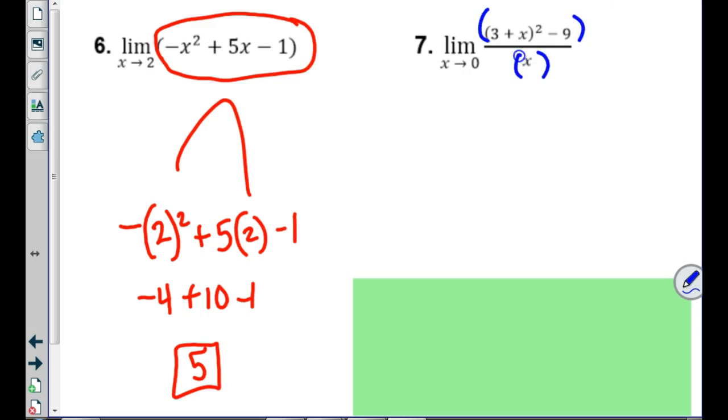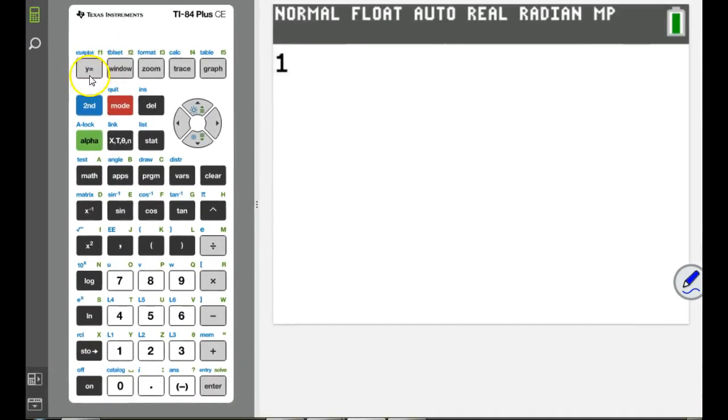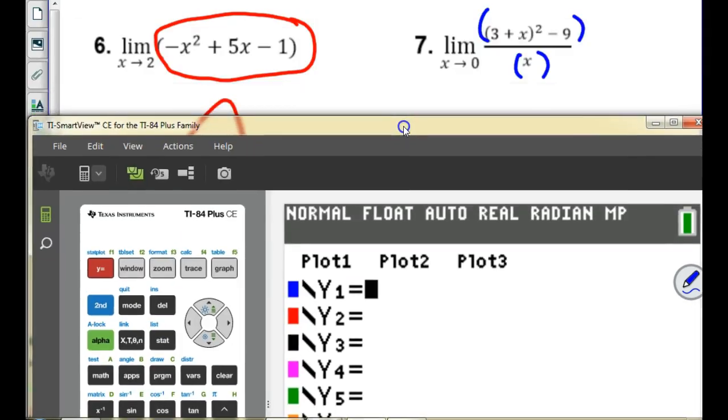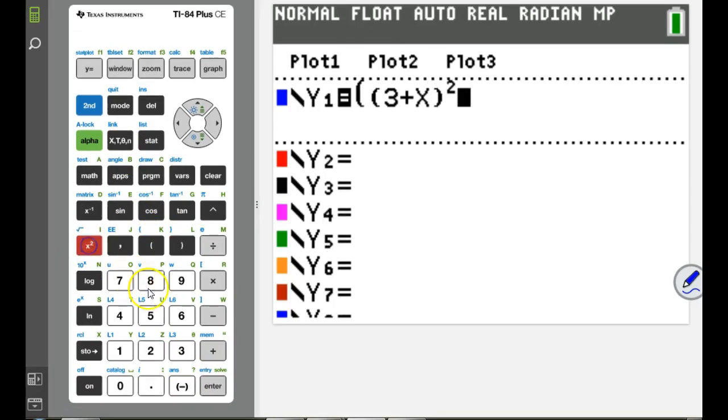You could put parentheses around the bottom, but it won't matter there because it's just an x. All right, so on your calculator, go to y equals, and it was the extra parenthesis, and then the quantity, 3 plus x quantities squared minus 9, and then close that extra parenthesis, and then divide by x.